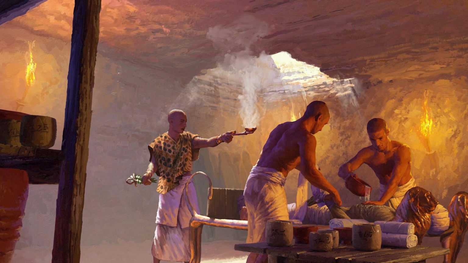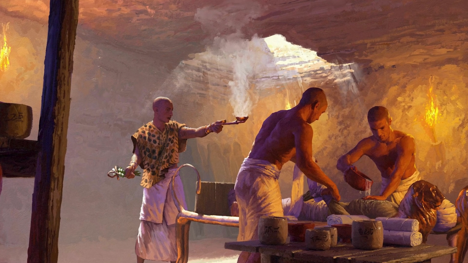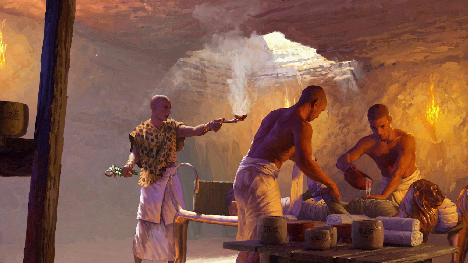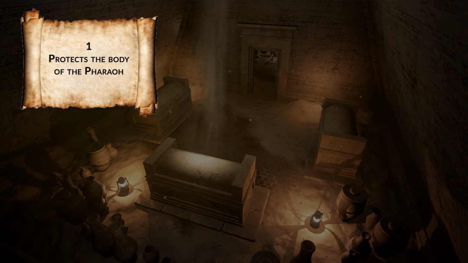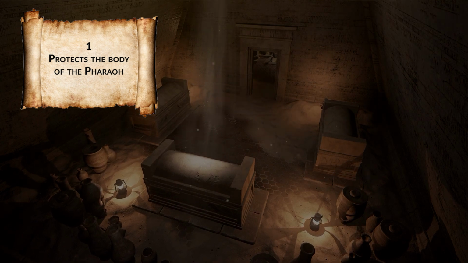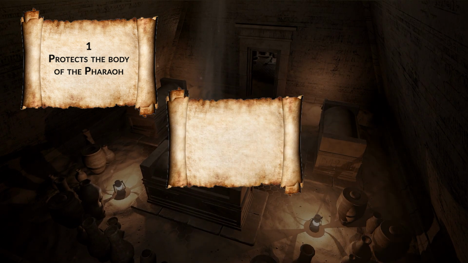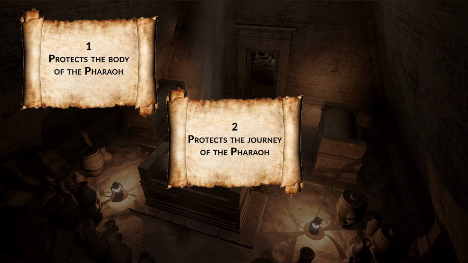The pyramid texts were intended to protect the body of the pharaoh in 3 different stages as it lay in the burial chamber. First, the spells were written to make sure the body of the pharaoh remained undisturbed in its sarcophagus until it was ready to travel. The second set of spells were for when the pharaoh traveled across the sky to the west.